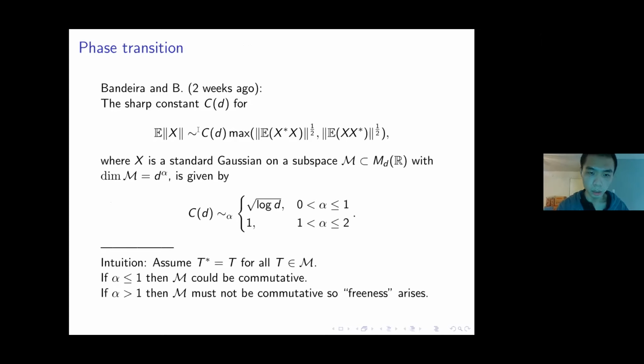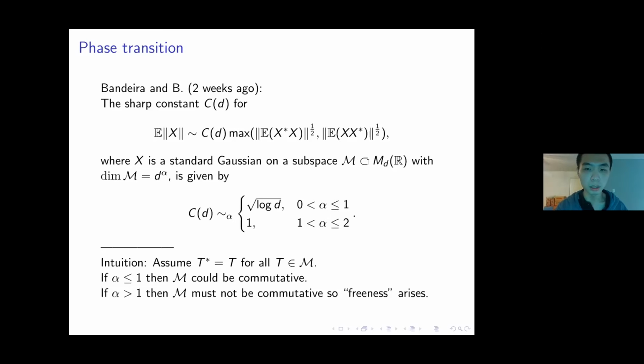So in the Khinchin and the non-commutative Khinchin inequality, what's the sharp constant that depends on the dimension that satisfies this? I think I typed this wrong. It's less than or equal to, it's not equivalent. So the expected spectral norm of a standard Gaussian on a subspace, let's say that subspace has dimension d to the power alpha.